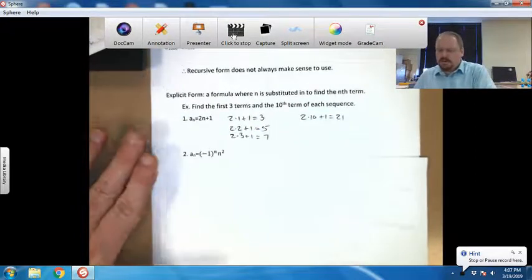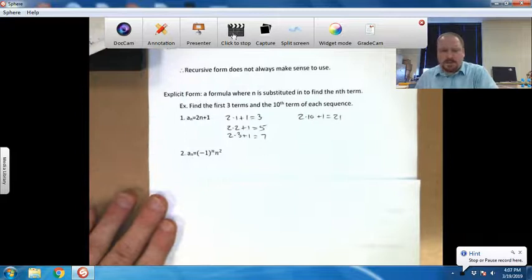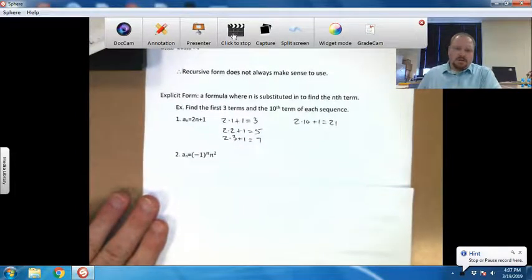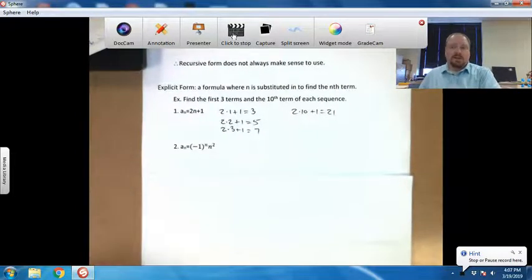Now, sometimes, however, we get some more complicated displays. Now, this is where having a calculator is going to be handy. And using the parentheses exactly as you see it is imperative.